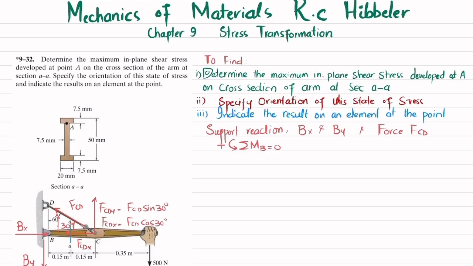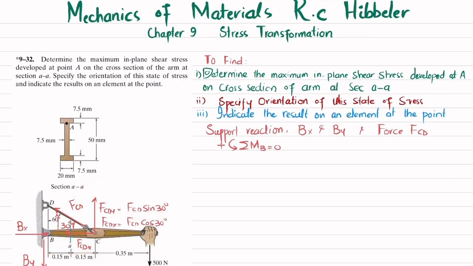You can see that FCDx is passing through point B, so it is not producing any moment. The component FCD sine of 30 will produce moment because the perpendicular distance is this 0.3, and it is producing counterclockwise moment, so it will be positive. The second moment about point B is this 500 with perpendicular distance 0.65, and it is negative, but their sum must be equal to 0.